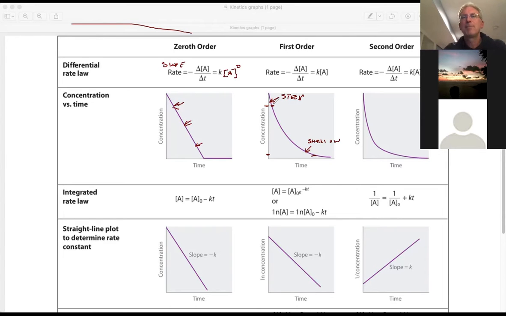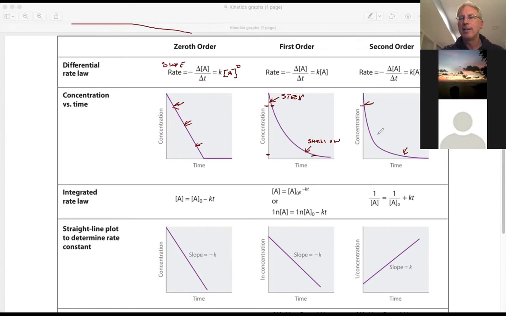Got it? Okay. Now, this one looks the same. When your concentration is high, your slope is high. And when your concentration is low, your slope is low. So you're like, wait, isn't that the same thing? But it's a little faster.